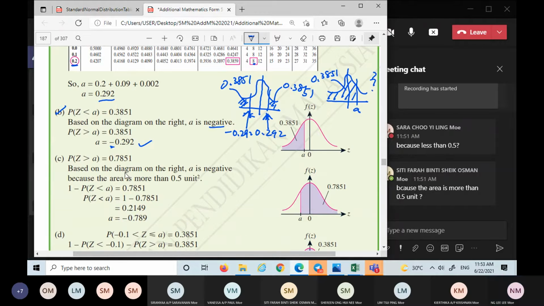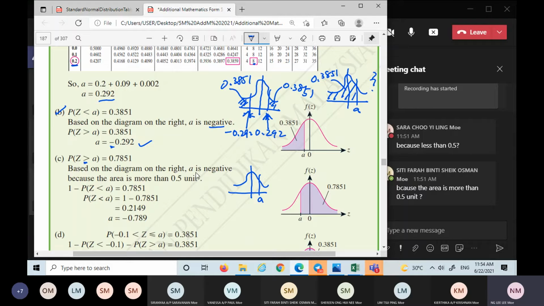For C, just now I made use of this number. Do you see? 0.7851. This is more than 0.5. So first of all, you have to ask yourself, should the A be like this, or like this? Is Z bigger or smaller?